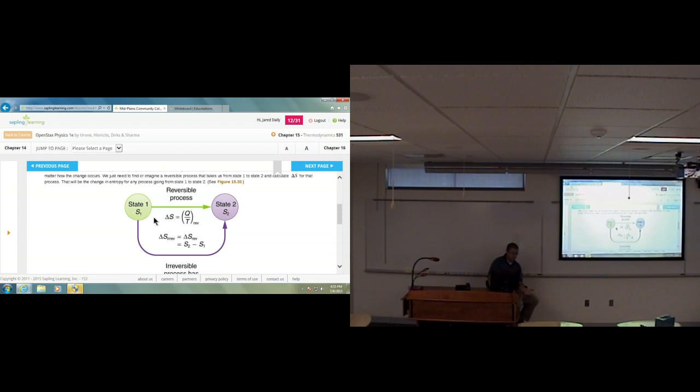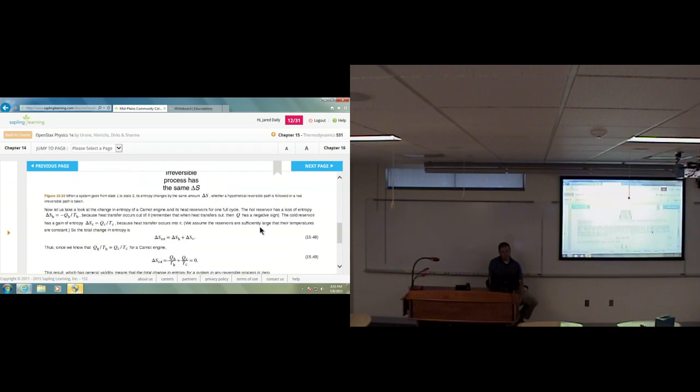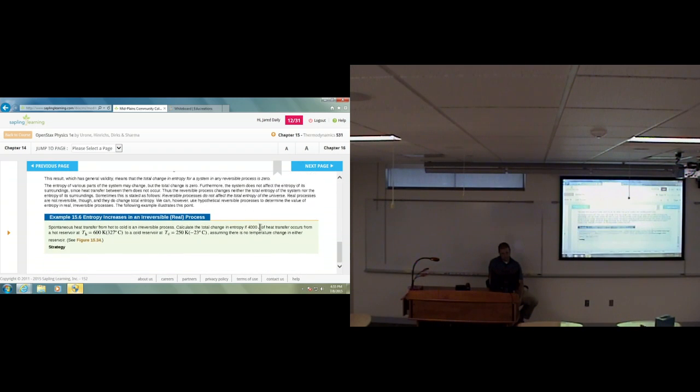And it turns out that even if you don't have a reversible process, and this comes from not only theory but observation, you actually get the same change in entropy. So entropy doesn't really care how you get there. It just cares that you got there. And that's because all it cares about is heat and temperature.